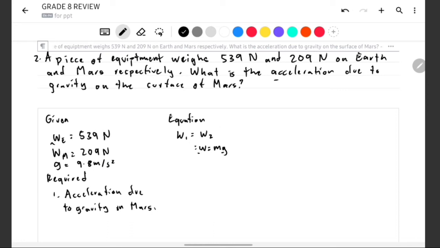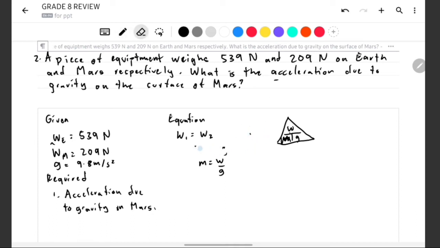So, ibig sabihin, pwedeng yung equation na W is equal to mg magiging m is equal to W over g. Parang ginamit natin yung magic triangle na binigay natin sa second video, which is yung F is equal to ma, or W is equal to mg. So, yung tinanggal lang natin, kinover natin ito, so magiging W all over g. Okay, so dyan galing yung equation.